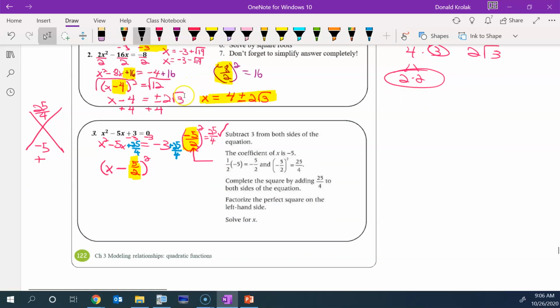Now over here, I have to get a common denominator of 4. So negative 3 times 4 is negative 12, plus 25 over 4... that gives 13 over 4, but I'm doing the square root of it.